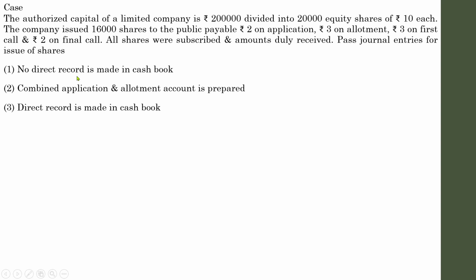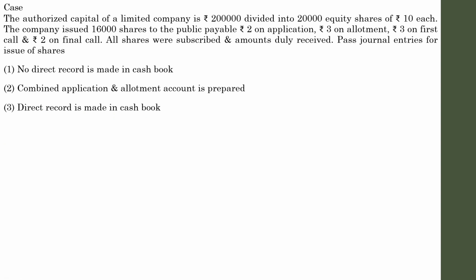So don't need to worry about the cash book situation. The second method: combined application and allotment account is prepared. That is the alternate method of the first method. We have learned the first method, the alternate of the first method, and the second method. These 3 situations are there. And finally, direct record is made in the cash book. That is the final method, otherwise known as the second method.